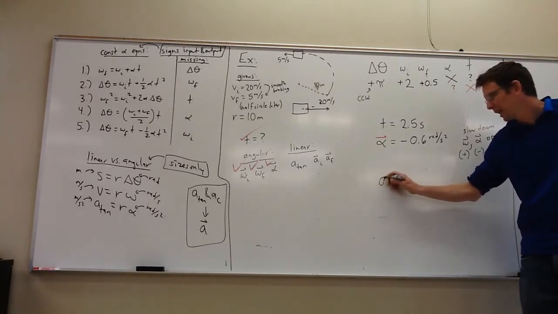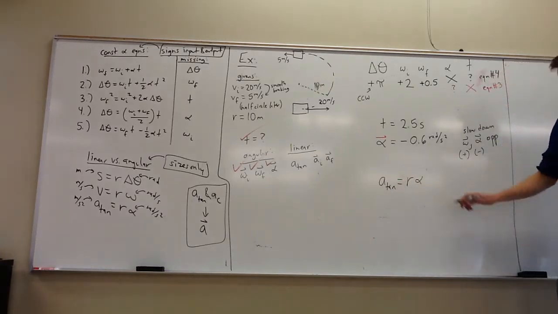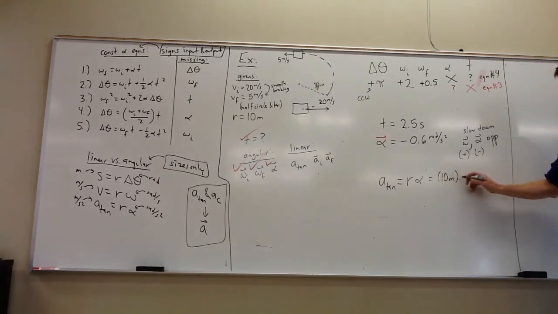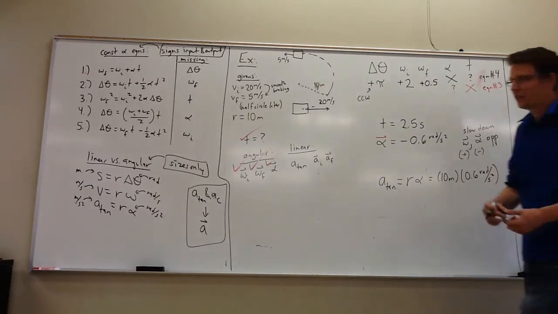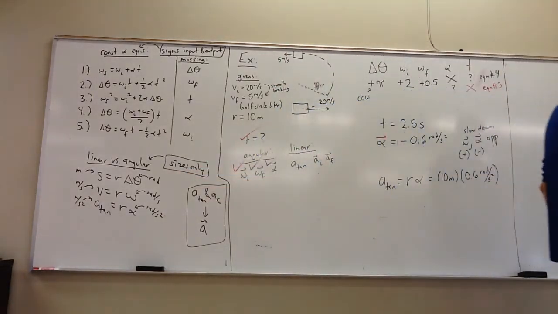So we'll go ahead and put a tan is equal to r alpha. Let's do it. So we put our radius, that's 10 meters. We put in the alpha, and remember, we don't put in signs into this. So even though they're not commonly written with absolute value signs, remember that these equations don't mess with sign.